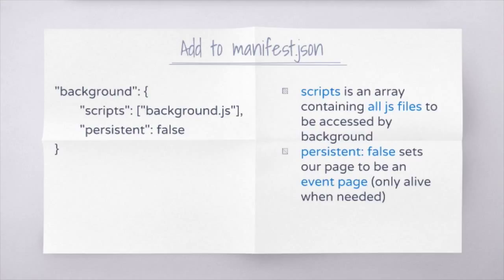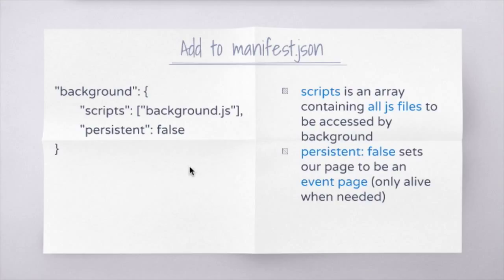If you don't set persistent equal to false, that page just exists forever, and it's taking up resources in Chrome. You know how if you have 10 gazillion extensions and you're like, why the heck is my Chrome running really slow? Then you start investigating and you start killing off the things that use up a lot of resources. Well, we don't want our extension to be killed off by the user because it's using up a lot of resources.